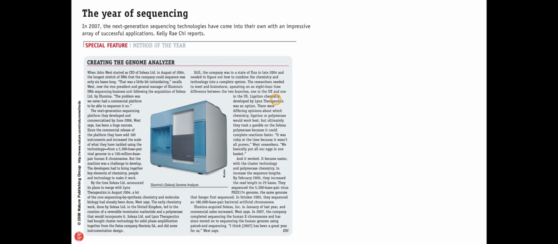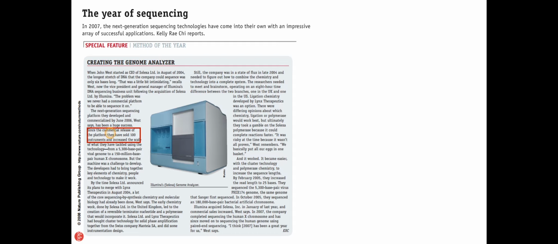I like to look back on this article. This is a 2008 Nature article talking about the year of sequencing in 2007, just to really highlight how fast and how far we've come in a matter of a little more than a decade. So in 2008, this article highlighted that since the commercial release of the platform, and in this case that was the Illumina Genome Analyzer, and this technology, by the way, the technology we just described in the previous slide, was really first developed by Solexa, and then Illumina acquired Solexa.